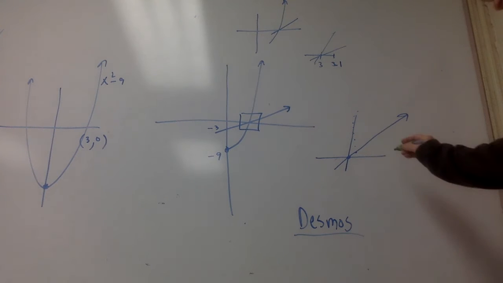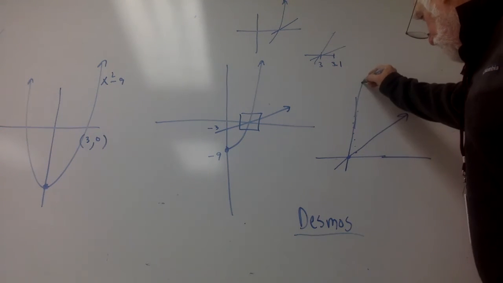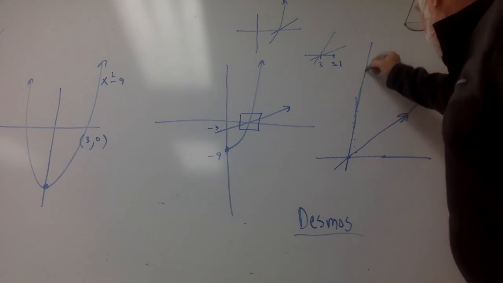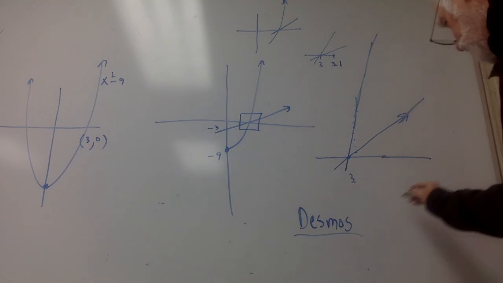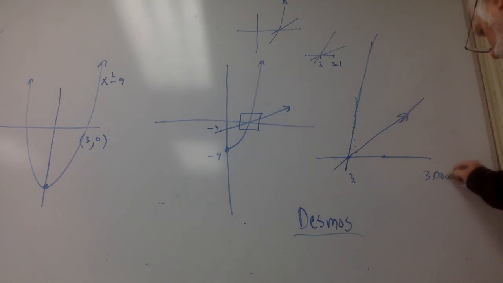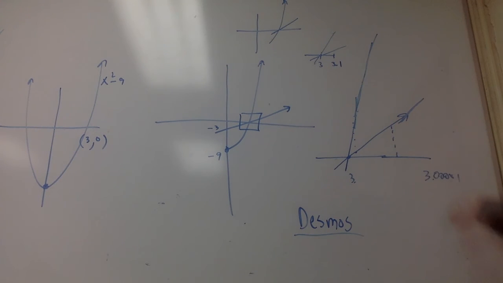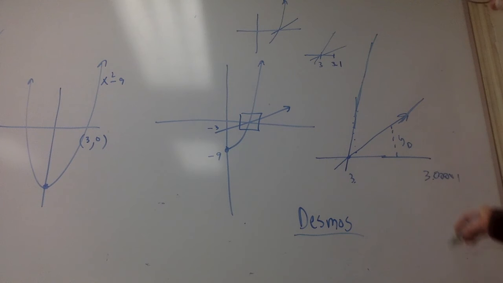Okay, now I'll extend this. Let's see if I can do this. Extend it, extend it, extend it. I might be looking from 3 to 3.01. Same picture. So let's put a dotted line there, because that is the y value of the denominator.